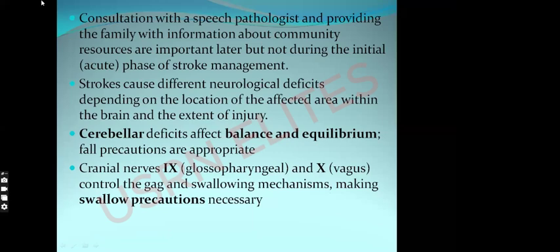So if you are able to, let's say we put something in front of you and we ask you to touch it, and you don't miss it, it is one way of also assessing your cerebellum, how intact it is.